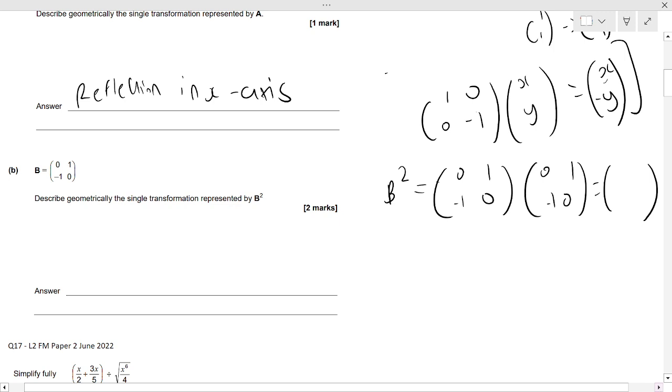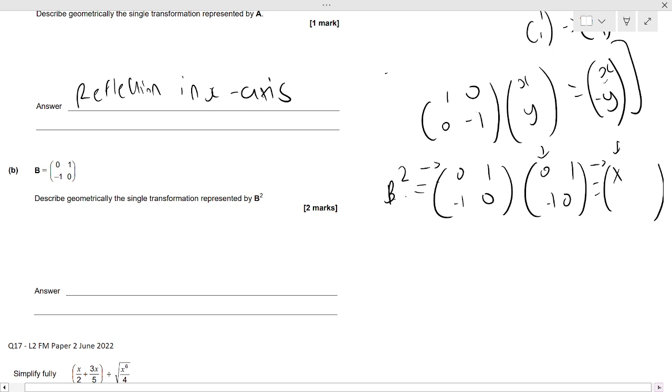Okay, so again, it's going to be a 2 by 2, so it's going to be 4 entries. So again, matrix multiplication. This is row 1, column 1. So we want the first row times the first column.